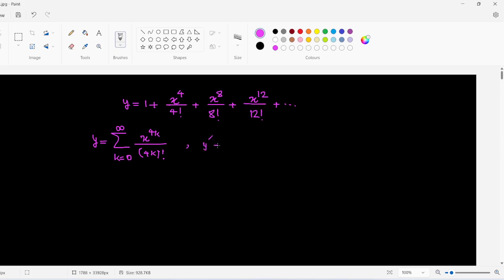The first derivative is the infinite series as k runs from 0 to infinity of 4k times x raised to the 4k minus 1 divided by 4k factorial. And since the zeroth term of this series is 0, we can actually start k at 1. And this also simplifies to the infinite series where k runs from 1 to infinity of x to the 4k minus 1 divided by 4k minus 1 factorial.